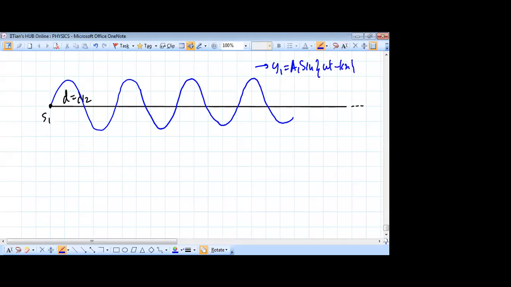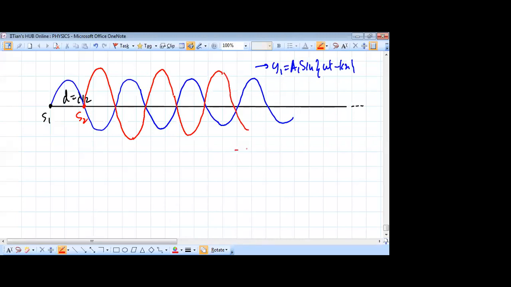Then the corresponding second source, S2, would have been over here, and that would have been creating a wave shape which is like this. You can see the crest and trough are overlapping everywhere. This is physically what would have been happening.